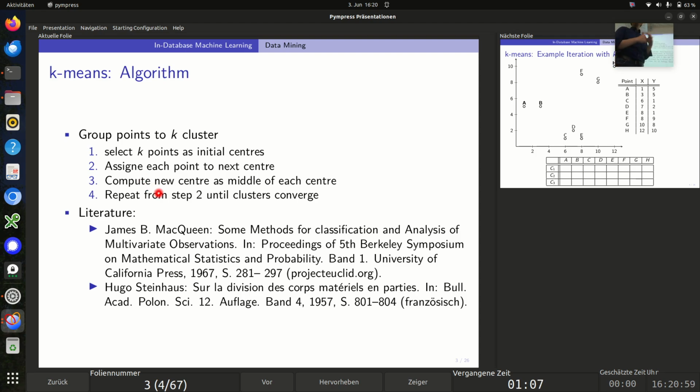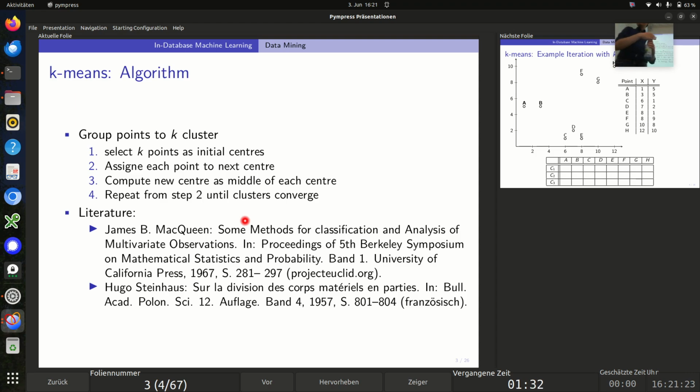Afterwards, you compute the new centers as the middle of each cluster. And you do that until it converges, or if it might never terminate, you have to set a limit after which you do not want to continue. So either after an iteration limit or when it converges.